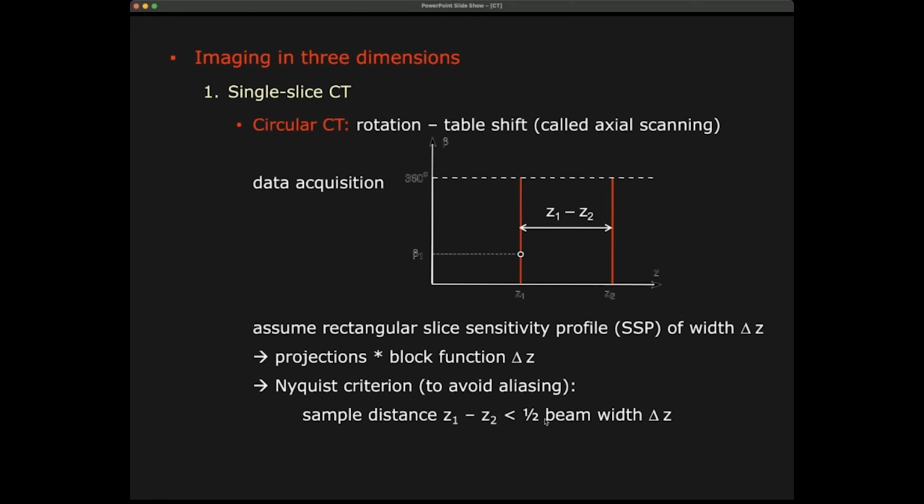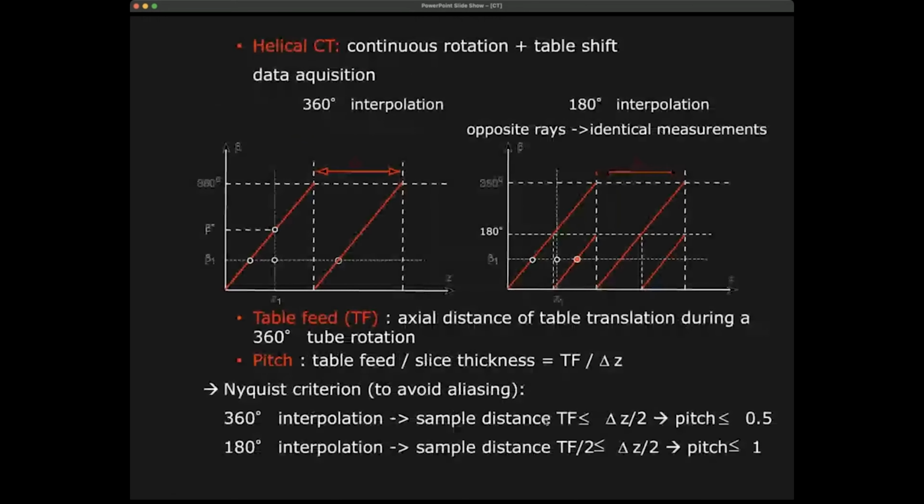What sometimes happens is that we have overlap, so you can do an overlapping scan, but then you increase the dose. Everywhere you overlap, you have twice the dose of X-ray that comes through. So this is again something where you have to weigh the cost and benefit.